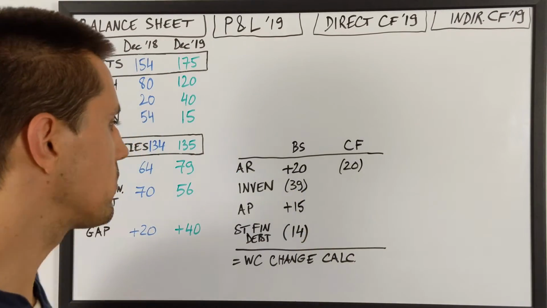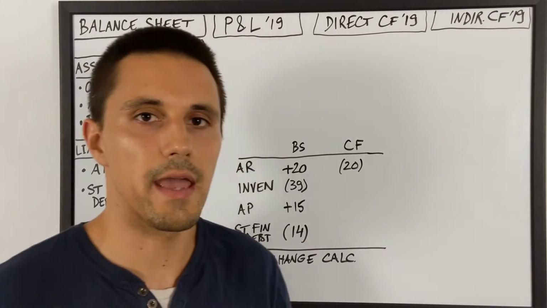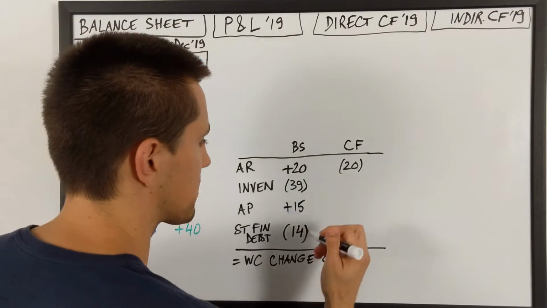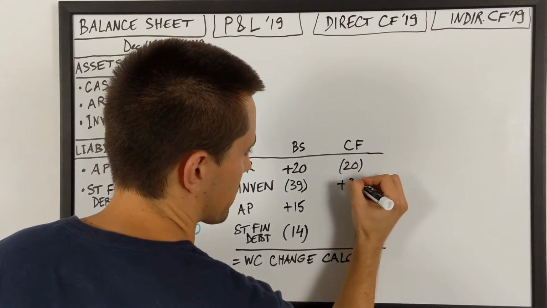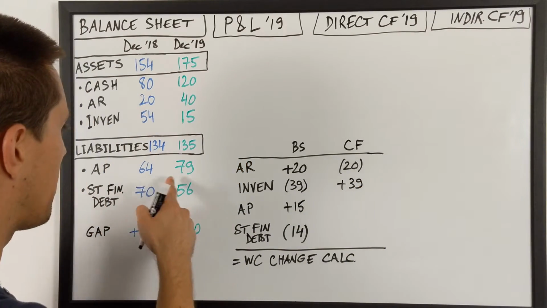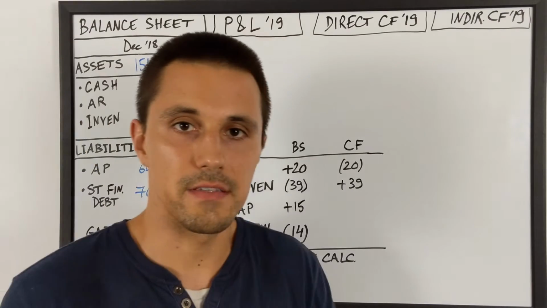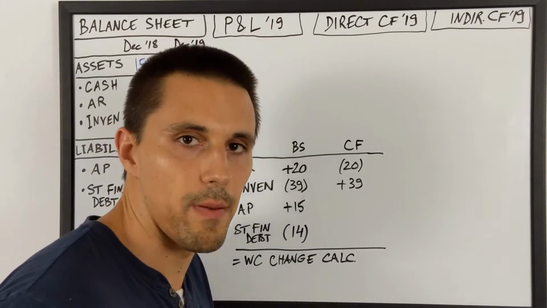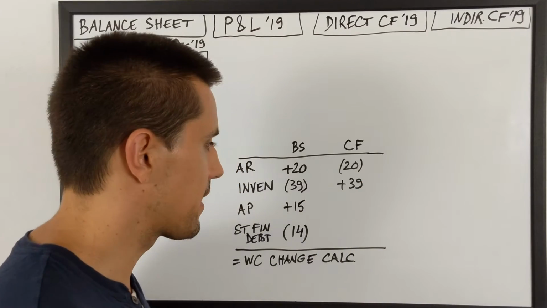Inventory going down, that's a good sign because we were able to sell our inventory. So that's a cash in for us, that's a positive cash effect. So plus 39. Then accounts payables. Accounts payables going up, that's a good sign because it means that I paid my suppliers later than last year.